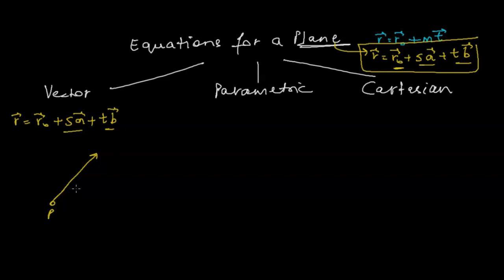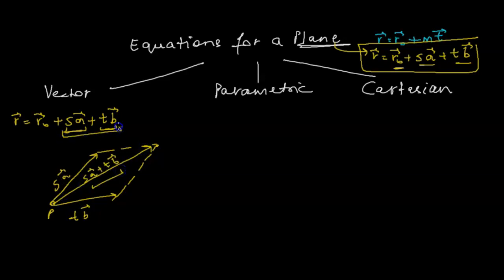We can only have a line. However, as soon as we know the second direction vector going from that point P, we would know that these 2 direction vectors can then constitute a plane, where the resultant vector of these 2 direction vectors, that is sA and tB, would be in this direction, which is the sum of these two vectors. And that sum is what we write down here.